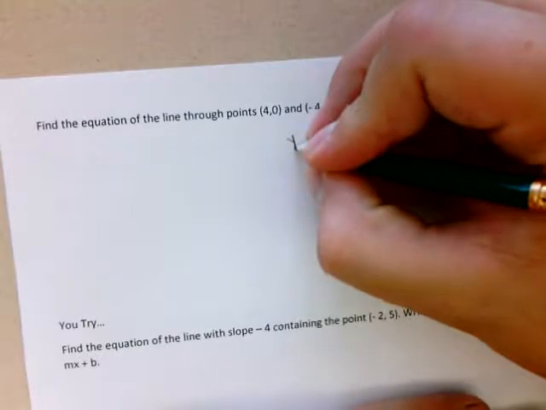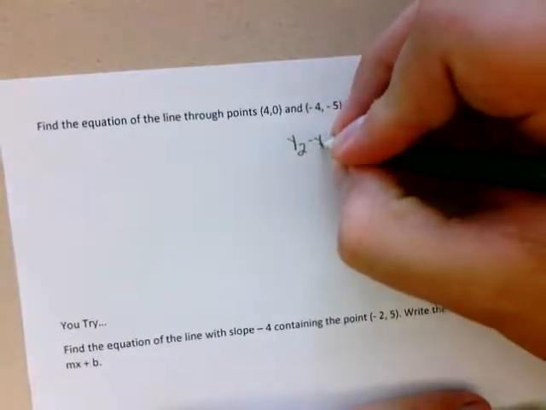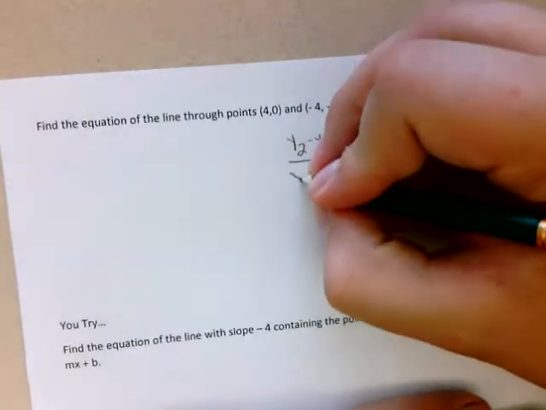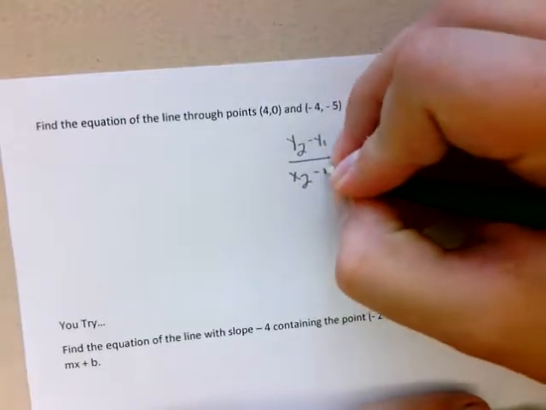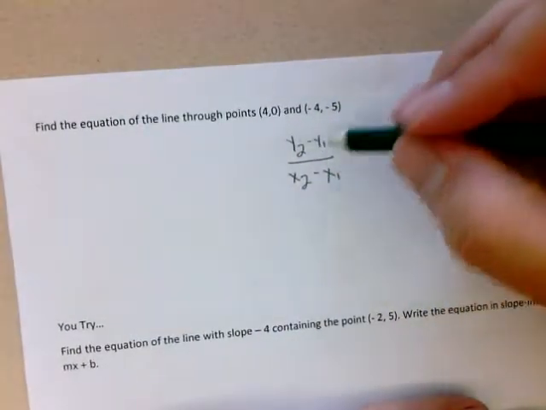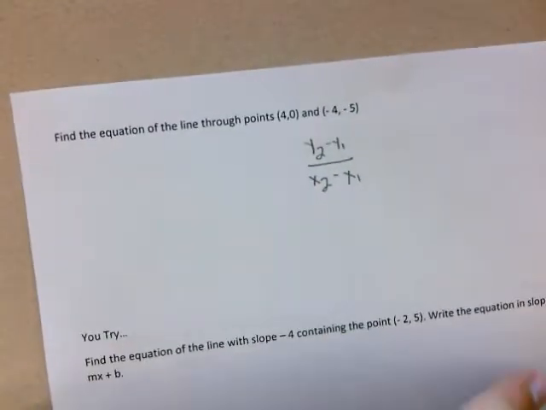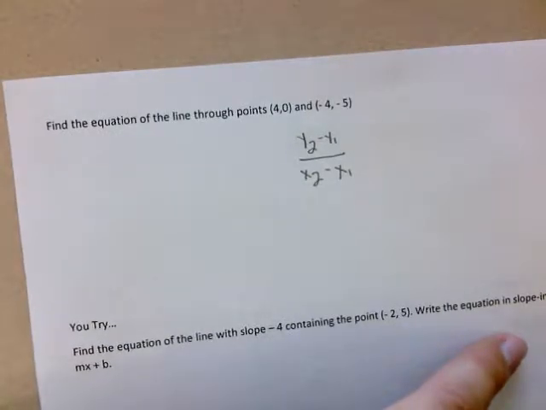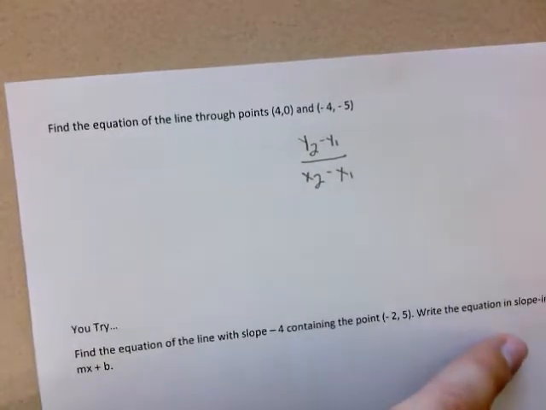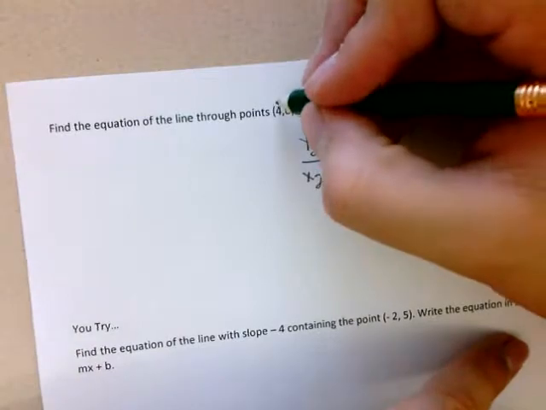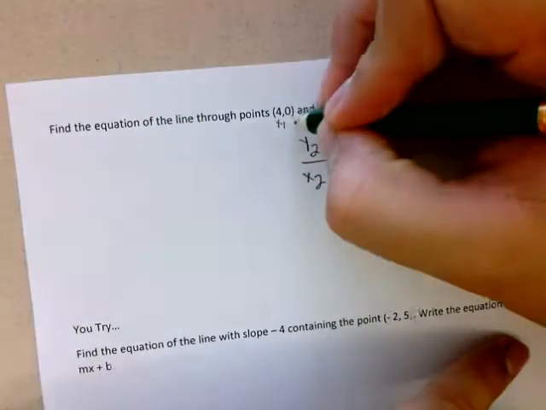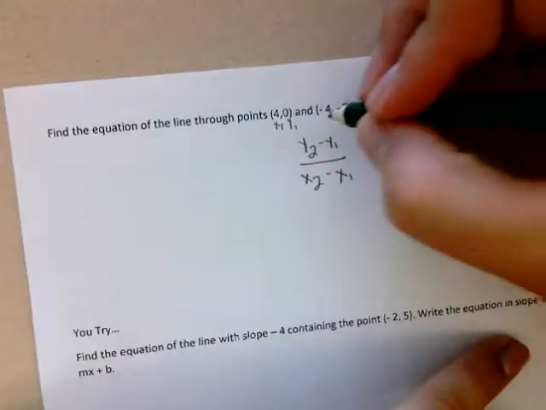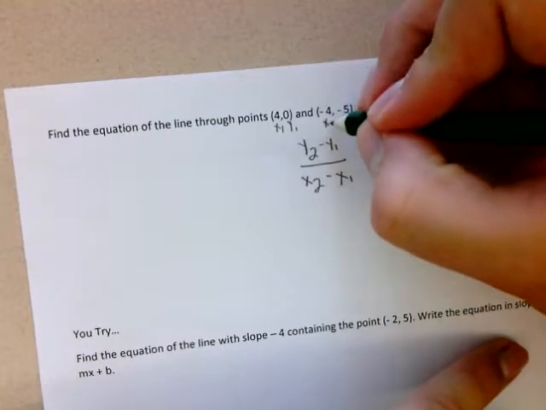So it would be y2 minus y1. First we're going to find our slope this way: y2 minus y1 over x2 minus x1. Now, this is our x1. Right next to it's the first y, so it's y1. This is our second x, that's x2.